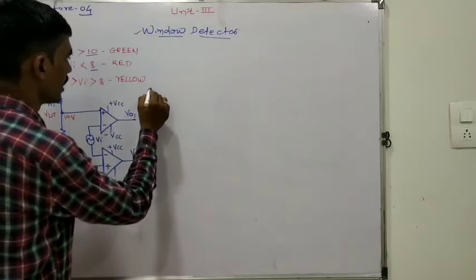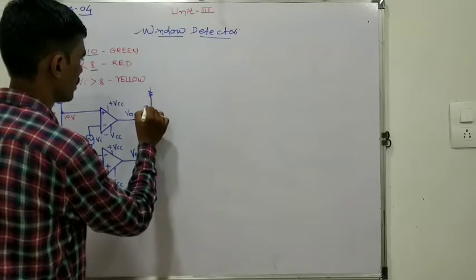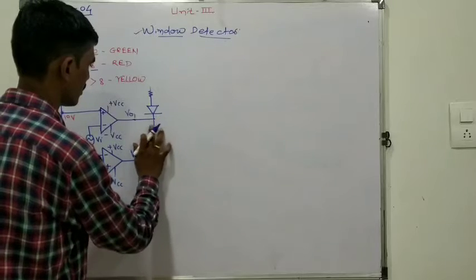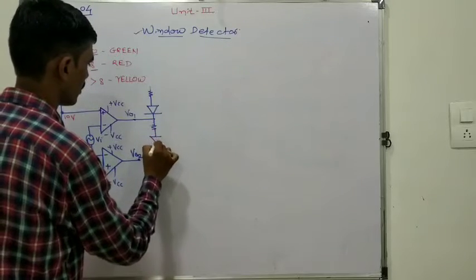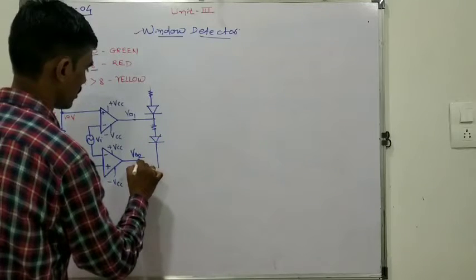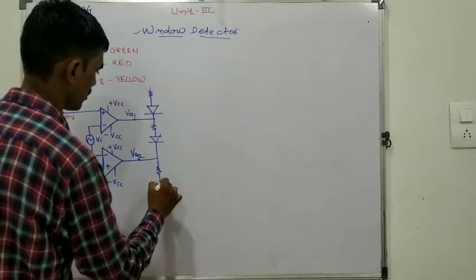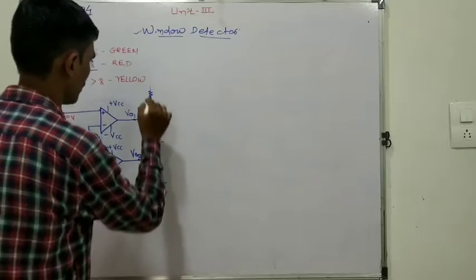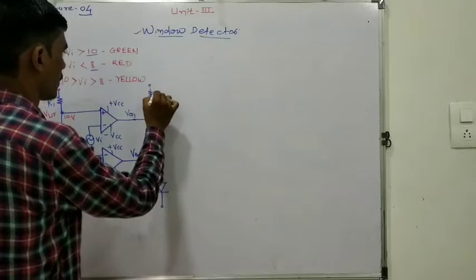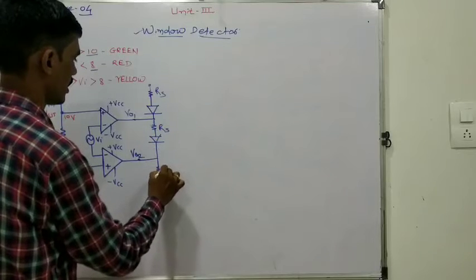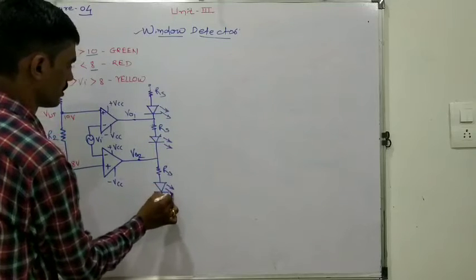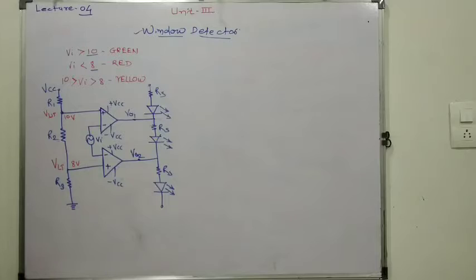So we directly connect the LEDs here. This is RS, RS, RS, and this is the LED. So the first LED is D.